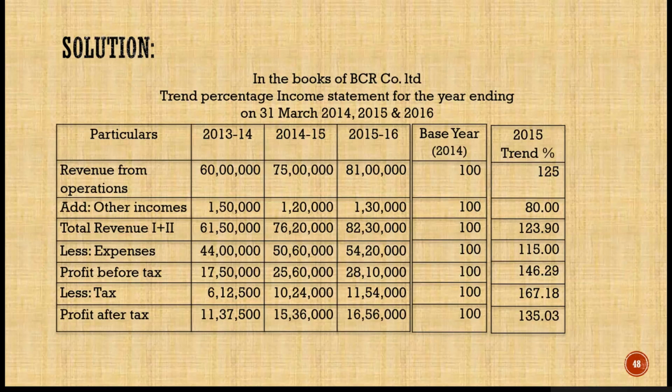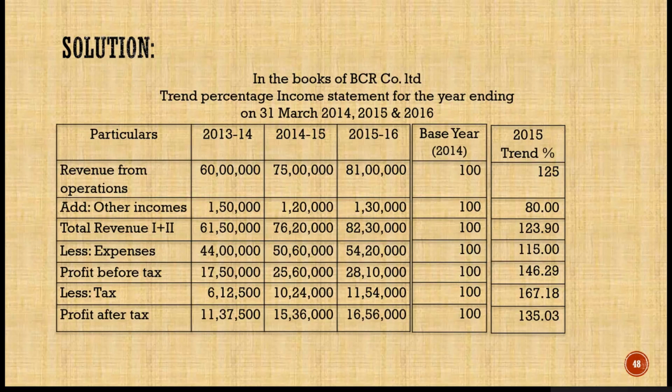So revenue from operation is 75 lakh, when compared with the earlier year, it is only 60 lakh. So that's why trend percentage in 2015 is 125, more than 100. Next, other income. You can see here in 2014, it is 1,50,000. It decreased to 1,20,000.